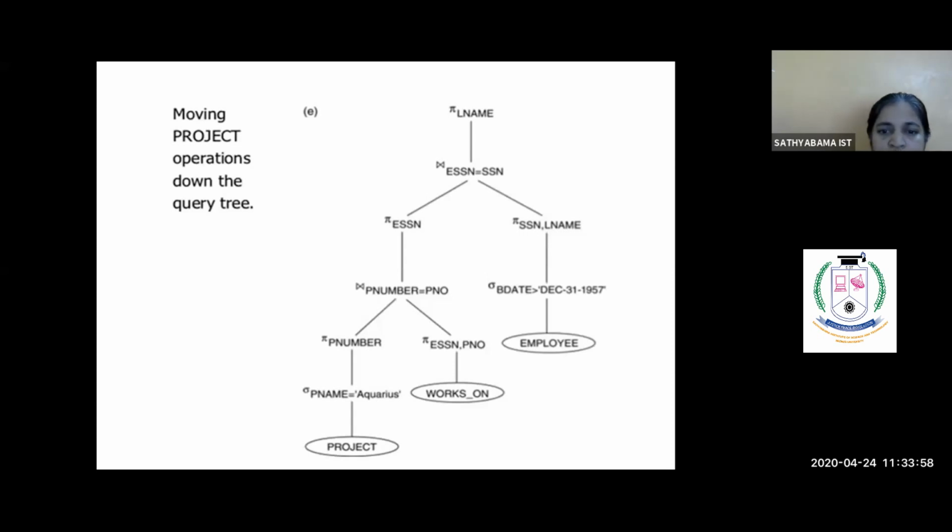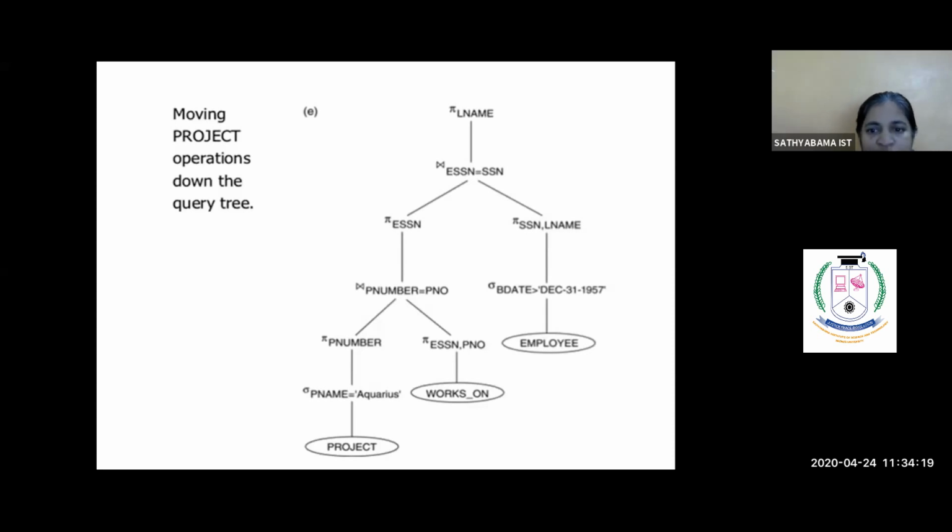You understand? So initially I'll explain. From the leaf node, from bottom to top only it will execute. So you look at the leaf node, project table. Project table, you select only those rows where P name equal to Aquarius. So all the rows where P name equal to Aquarius will be selected.